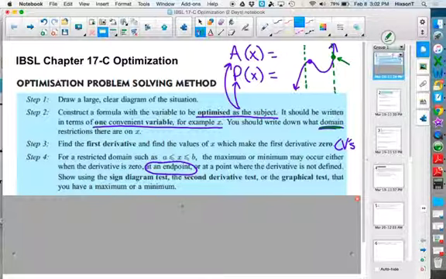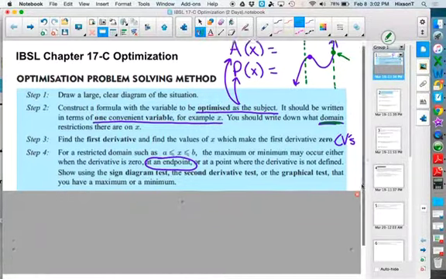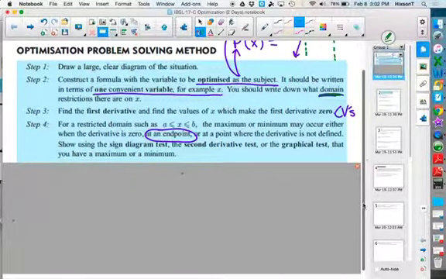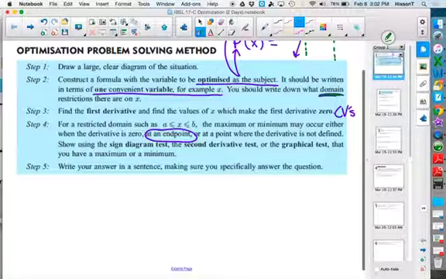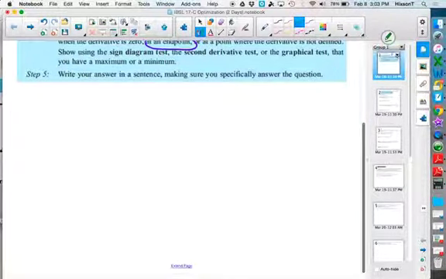Okay? So, have we ever seen a sign diagram test where the derivative is undefined? Yeah. Remember, we did some with rational functions.